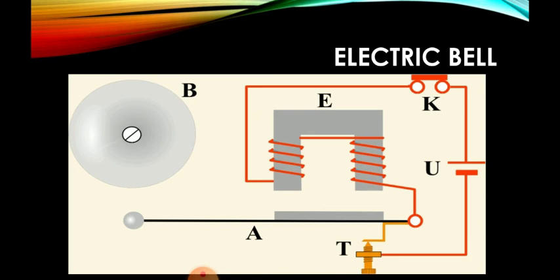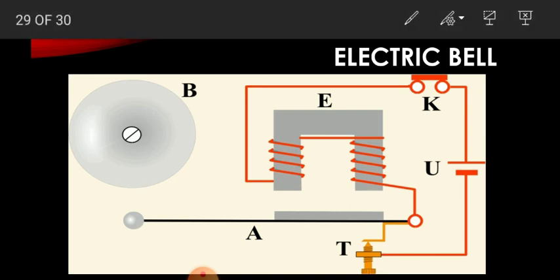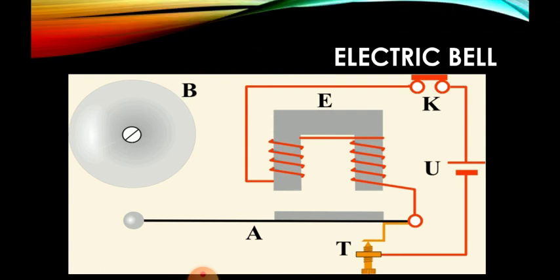Now how does it work? That you have to understand. So let us see how this bell is working. The coil acts over here as an electromagnet. An iron strip along with the striker is fitted towards the contact screw, and this contact screw is in contact with the iron strip.